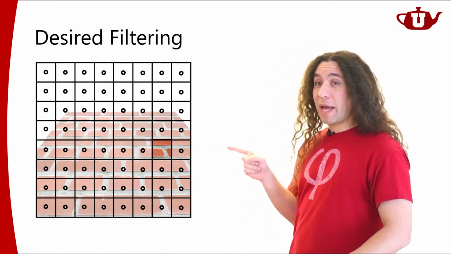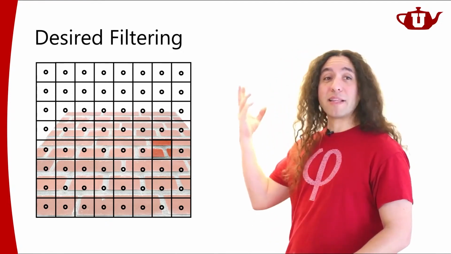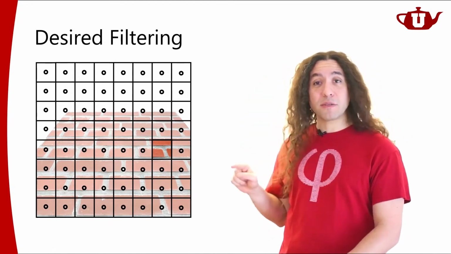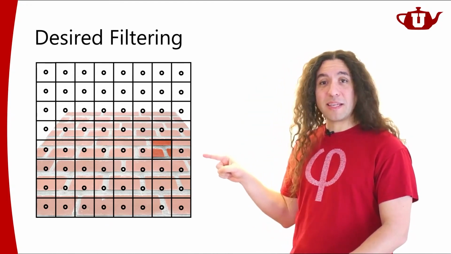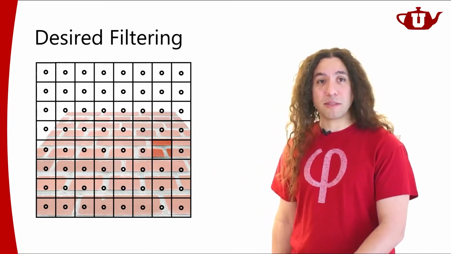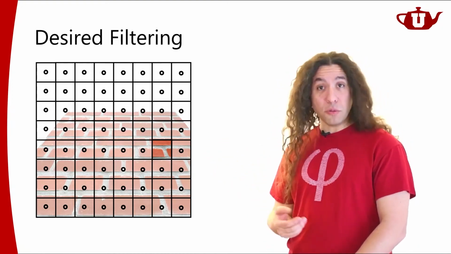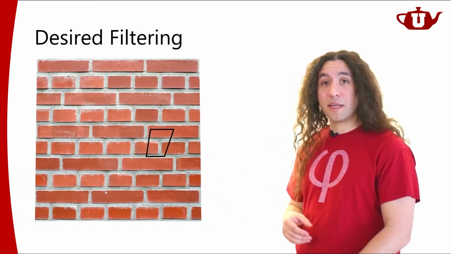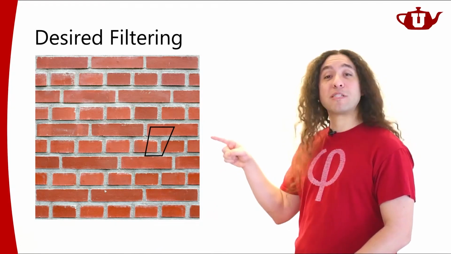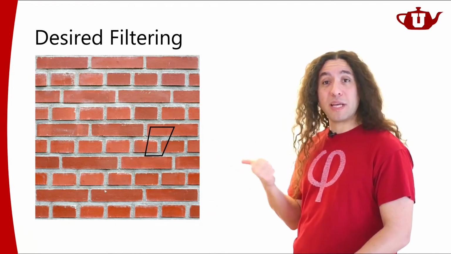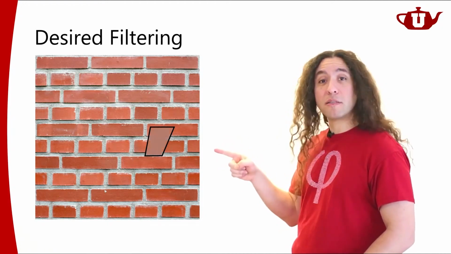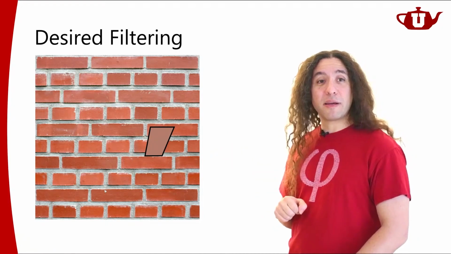So I can't just look at the center point and do nice bilinear filtering. It's not going to give me the desired result. The desired filtering will give me the average value for all points that correspond to that pixel. So for my desired filtering, I need to know where this entire pixel corresponds to in texture space, and I would like to compute this average color in that area.